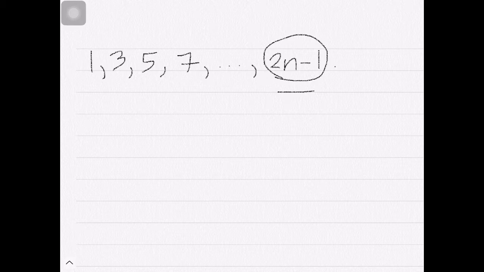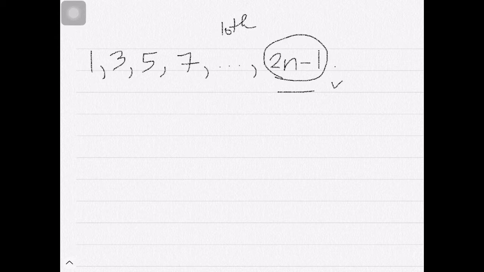Now, they say that the 2n minus 1 here will tell us the nth term that we are looking for. For example, we want to know what's the 10th term of this arithmetic sequence, and they would tell us that we'll be just using the 2n minus 1 formula.